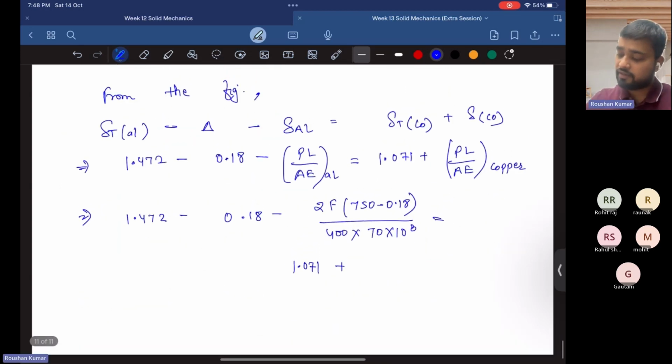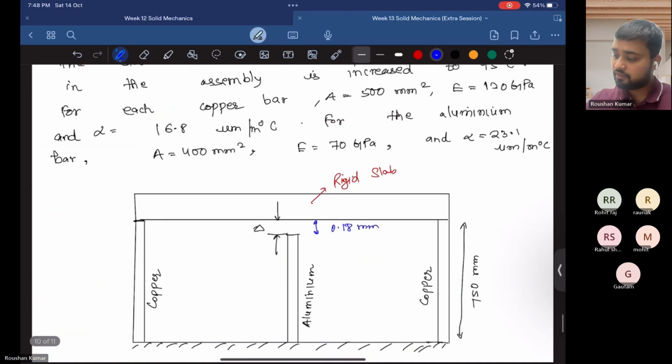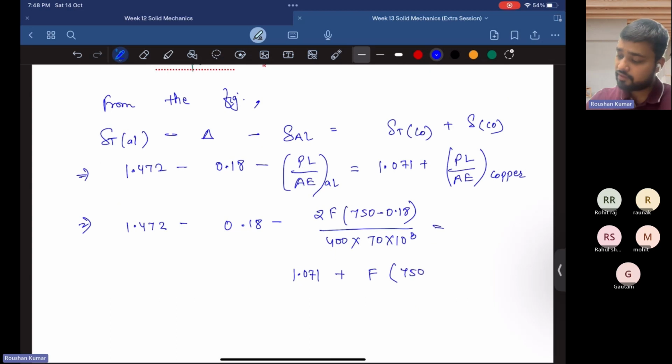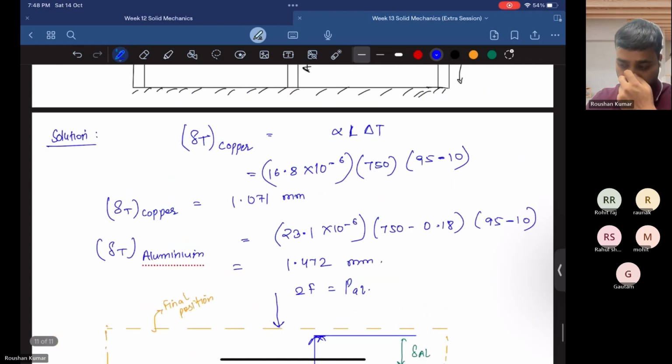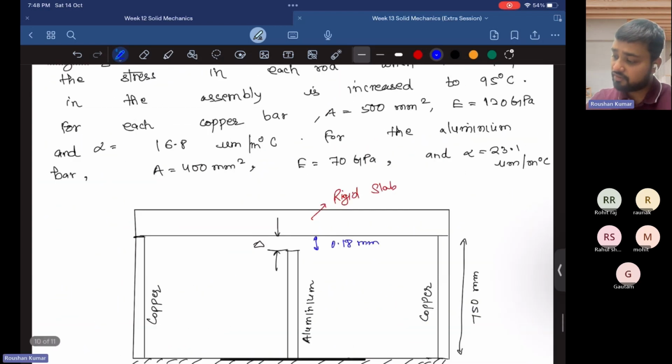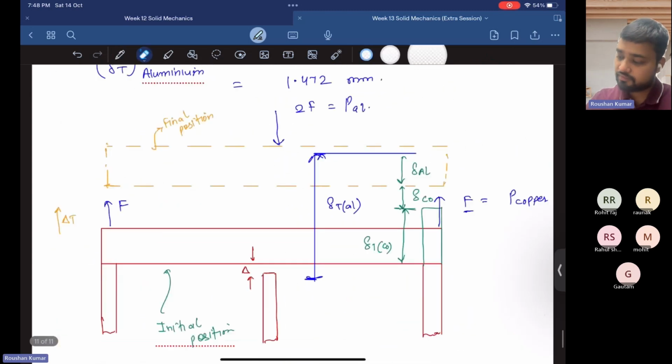The reaction force at the copper bar is equal to F. So I simply write here F into length of the copper bar, 750 mm, upon area of the copper bar, which is 500 mm square, and Young's modulus is 120 gigapascal.